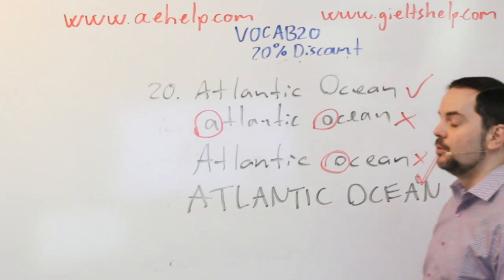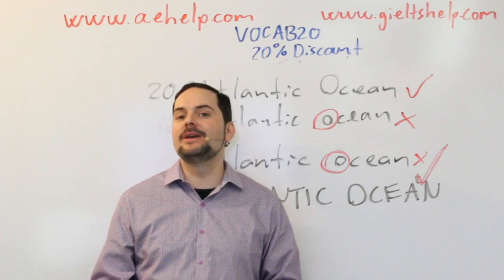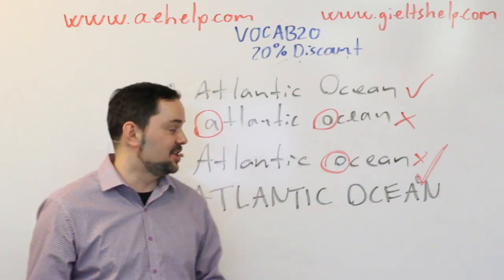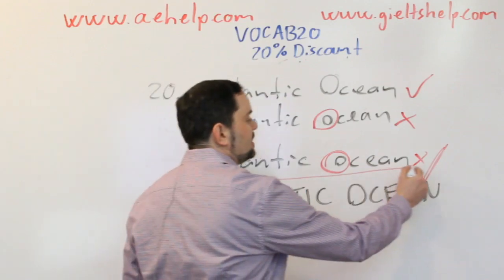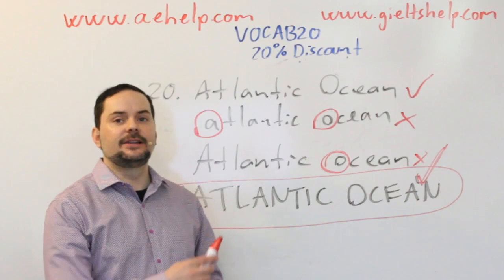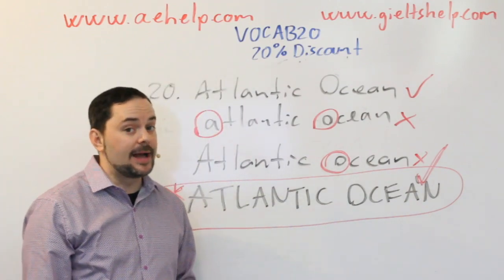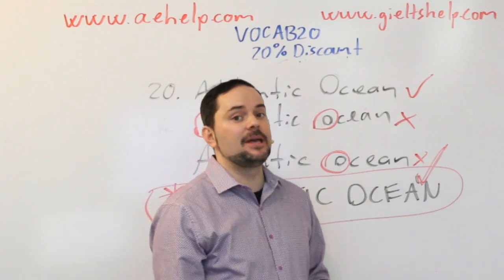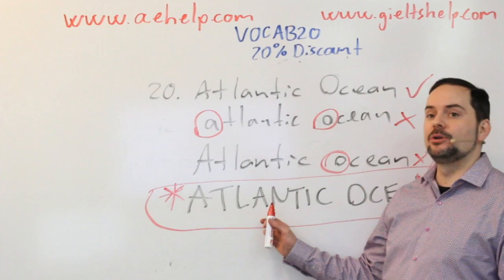Okay, so if you want to be safe and you want to make sure that you don't miss a point because of capitalization, use all capital letters. Okay, so this is the safest, easiest answer. Atlantic Ocean, all capital letters. It is correct. The IELTS exam accepts if you write all of your answers in capital letters.